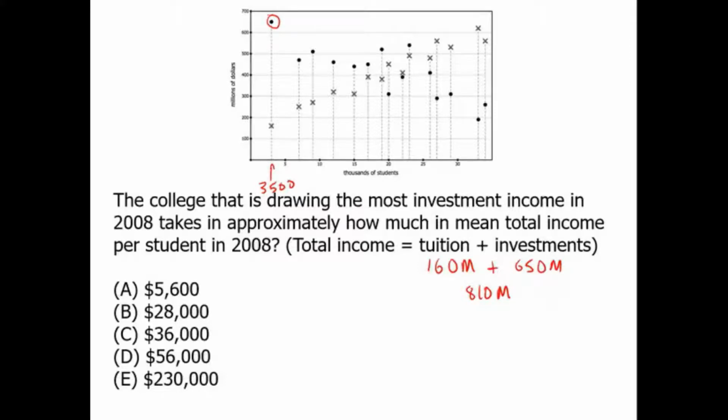And so if we want the average, we're going to have to do 810 million divided by 3,500. When we do that on our calculator, we get a number around 230,000. So $230,000 per student. This is closest, of course, to answer choice E.